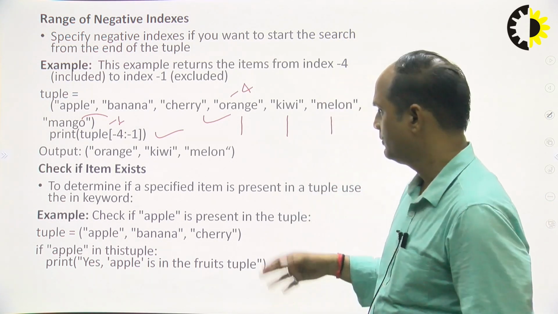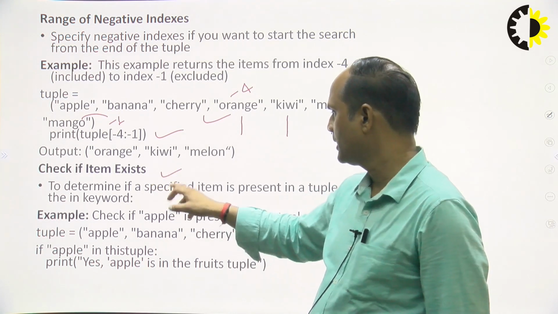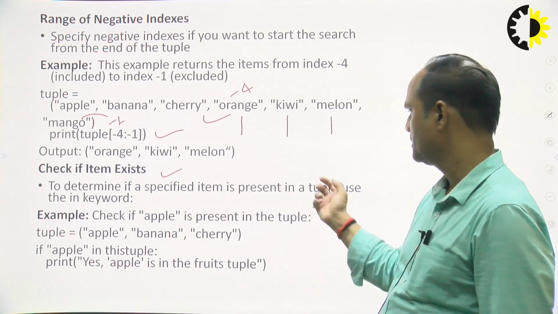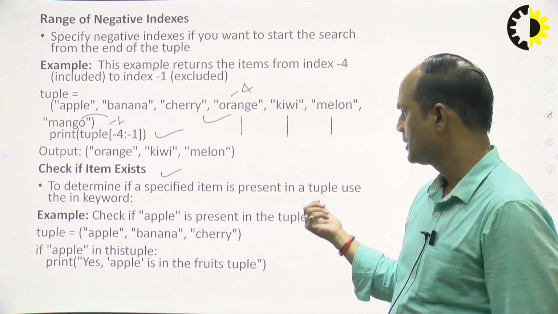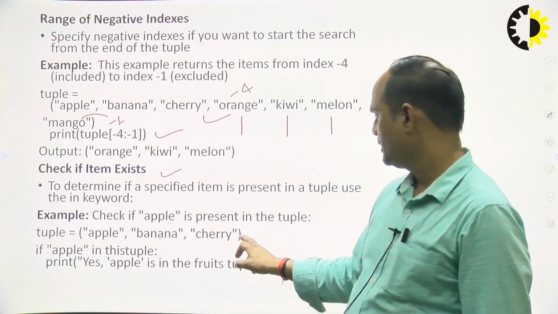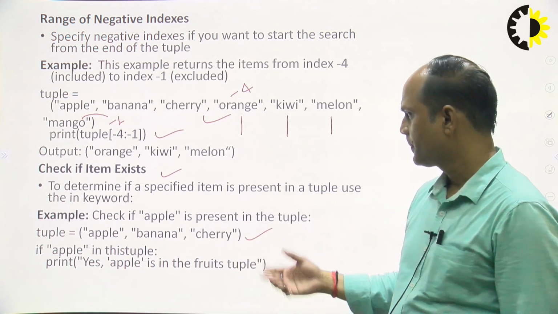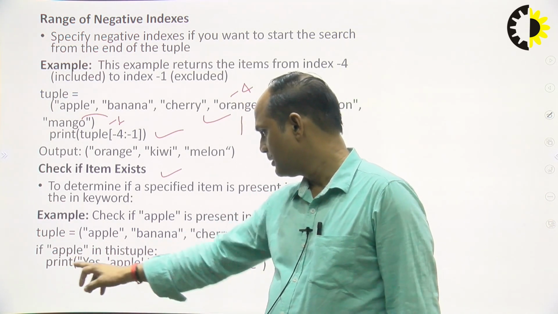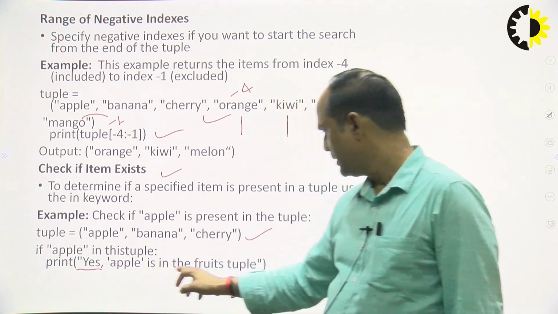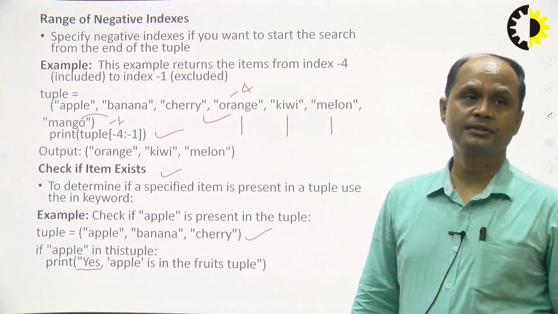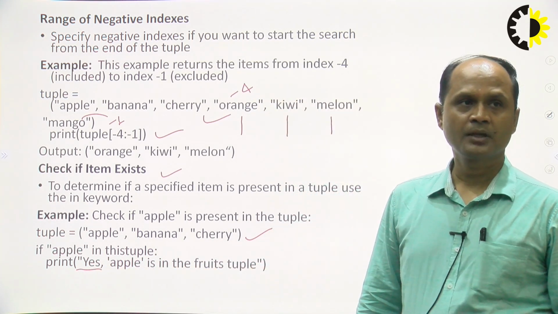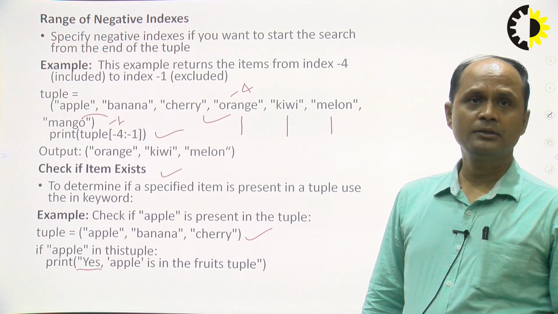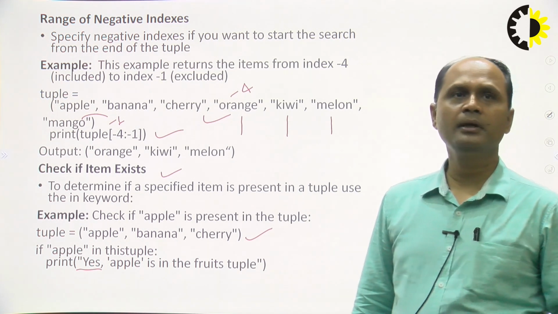Suppose we have a target of determining a particular data item in a tuple. How will it be checked? We can define the tuple and apply: if apple in this tuple, print yes, apple is in the fruit tuple. We check by using the if statement, right?